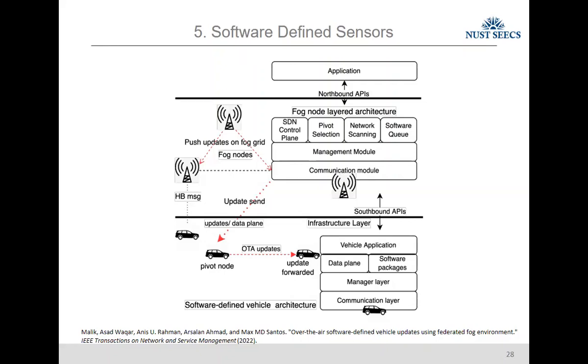This is a challenging problem because when they select a node, both vehicles are moving. Sometimes they are moving in the same direction, and sometimes in opposite directions, right? We observed that network failures occurred if our selection was based on a random pattern. But if we select the vehicle based on direction and some kind of history, we improve the efficiency of the proposed system. So this is the architecture of our work.